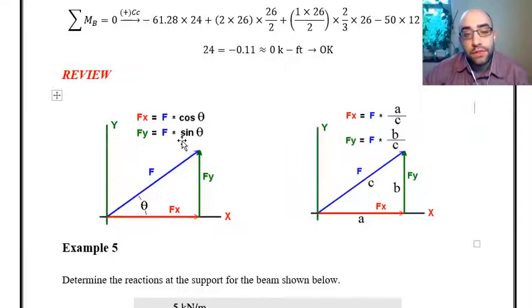So over here, Fx is F multiplied by cosine of theta. Over here, Fx is equal to the force multiplied by the horizontal side over C. And for the vertical component, force multiplied by the vertical side over C.